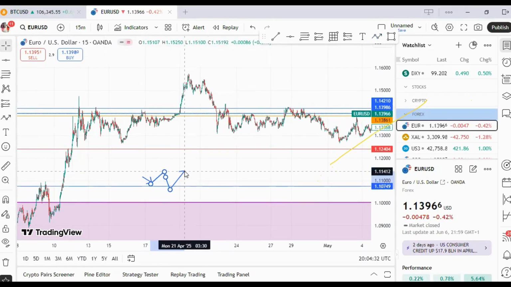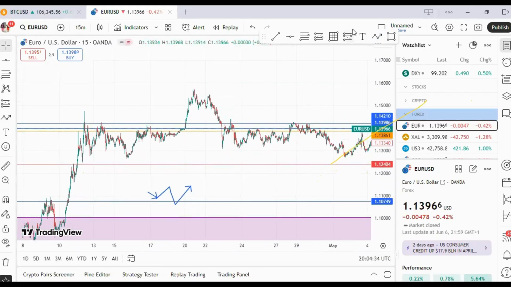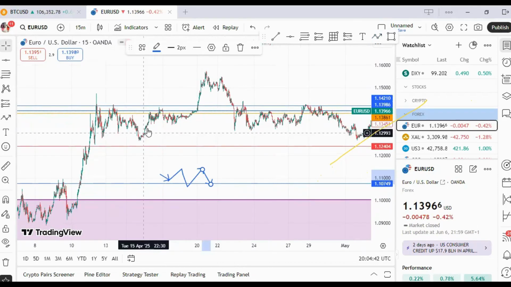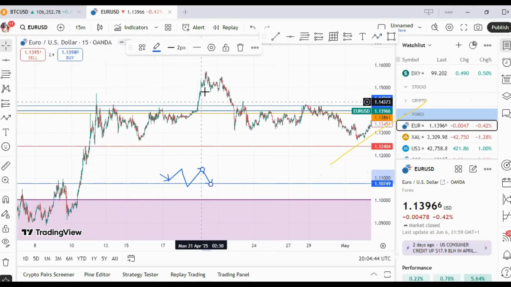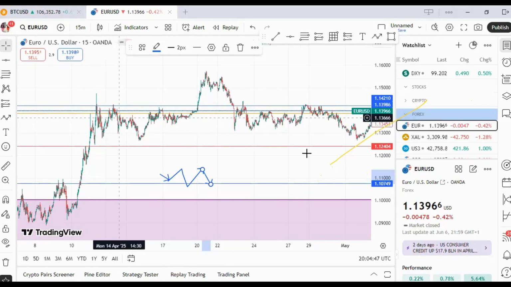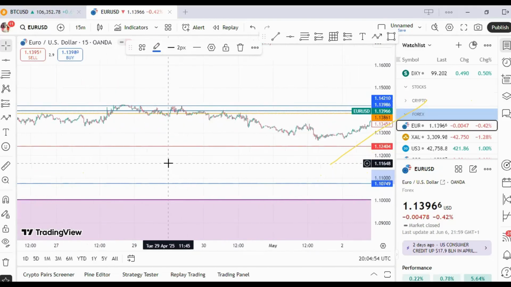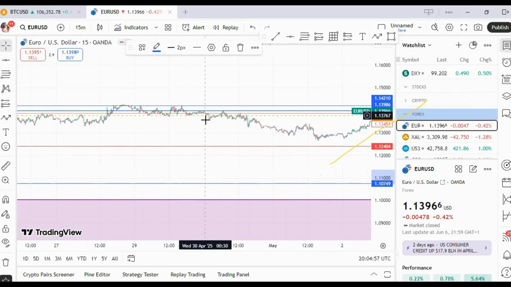No direction. It's just consolidating in a particular zone. So this is consolidation, up, down, up, down, up, down. Look at it here. Consolidation, breakout. Consolidation, sell. Consolidation, sell. Consolidation is whereby the market is moving up and down in a particular zone. Consolidation, sell.